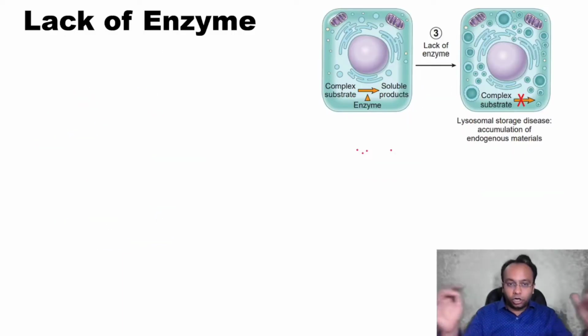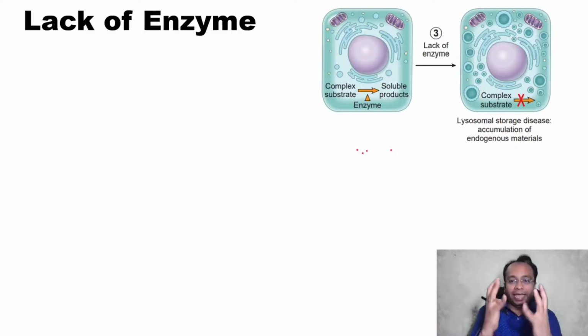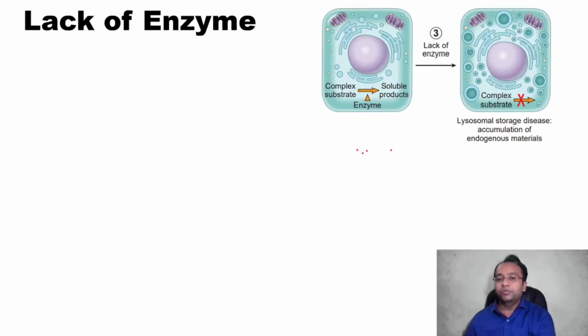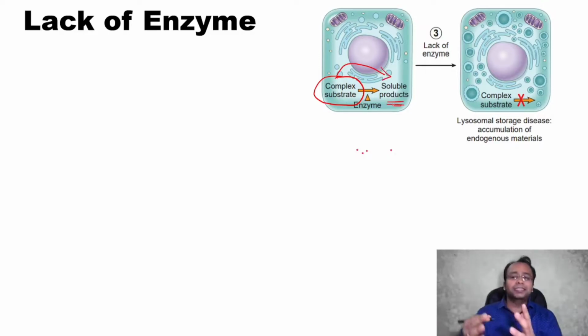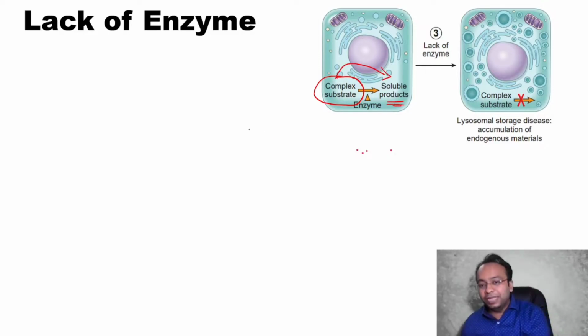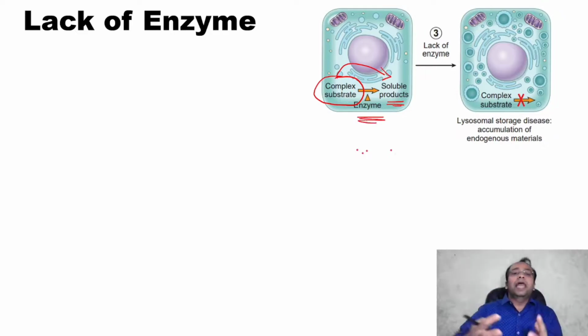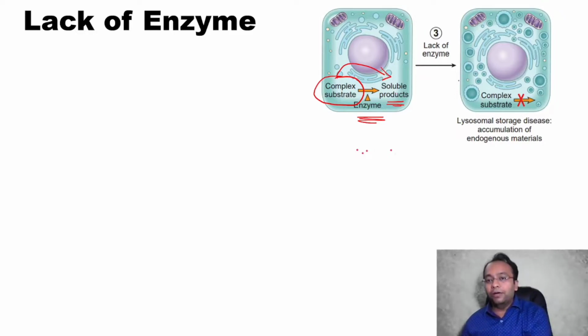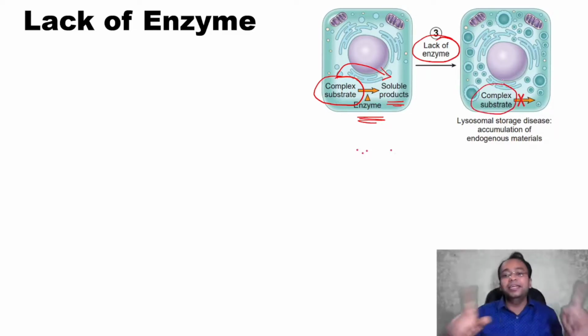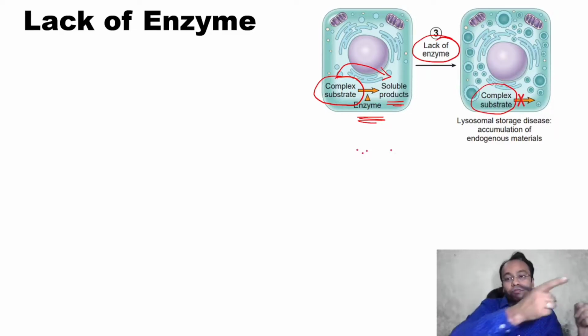All right. The third mechanism is lack of key enzymes. Now see, this diagram is very interesting. See, this is the complex substrate, right? It will get degraded into soluble products, or we can say simplified products with the help of the enzyme. So enzyme will help in degradation of complex substance. So if the patient is lacking the key enzymes, then complex substrate will not get degraded and they will get accumulated within the cell.